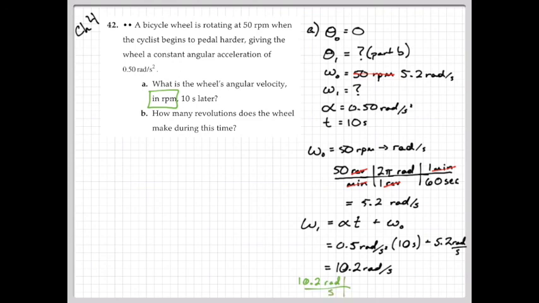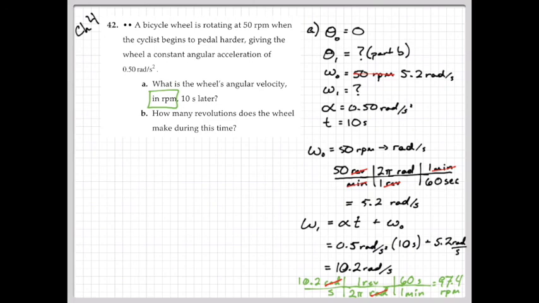If I convert the radians first, 2 pi radians gives us our 1 revolution. And that gets rid of radians. And then seconds, we convert 60 seconds is 1 minute. So that gives us a total of 97.4 RPM. And that would be our answer for RPMs.